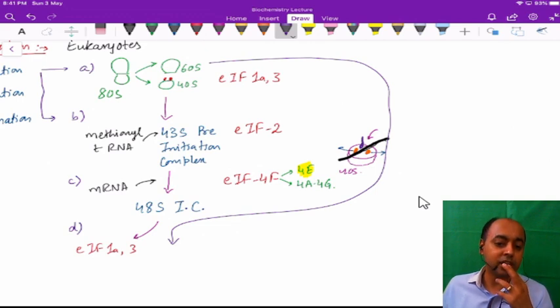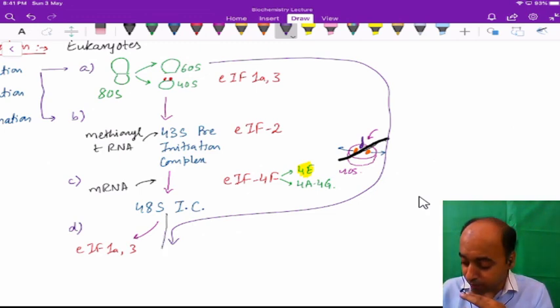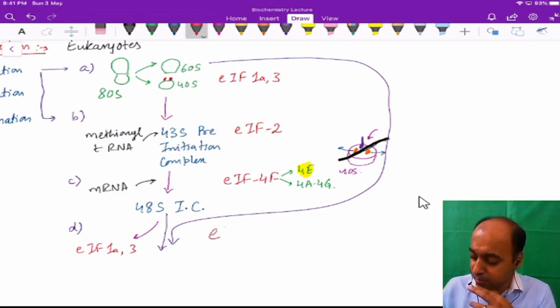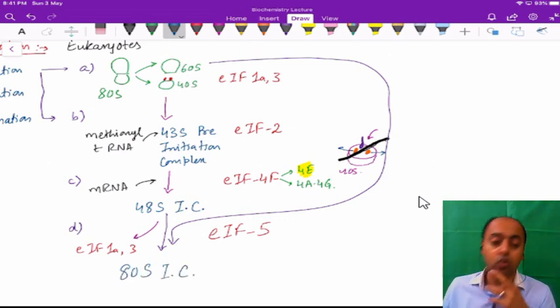The initiation factor 1A and 3 was preventing the joining of 40S and 60S, but now there is no one to prevent this rejoining. And in fact, this rejoining is facilitated by eukaryotic initiation factor 5, resulting in formation of the 80S initiation complex.